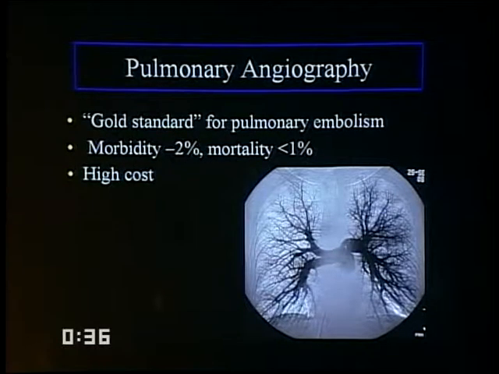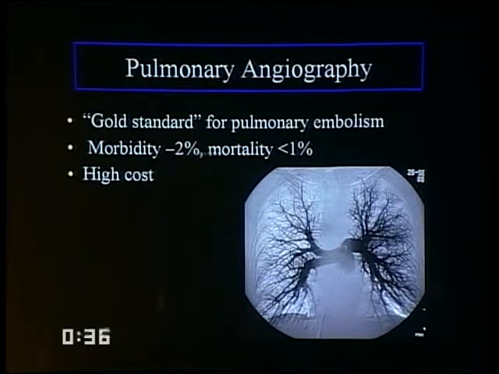Pulmonary angio is still officially the gold standard, but in practice, pulmonary angiograms are done very rarely now, certainly in our institution for pulmonary embolism. It has got some morbidity, and although the mortality is quoted as being around 1%, in practice, I think it's safe to say it's much less than that, and there is at least one report of a series of up to, I think, 2,000 consecutive cases without a single death in one well-known institution.